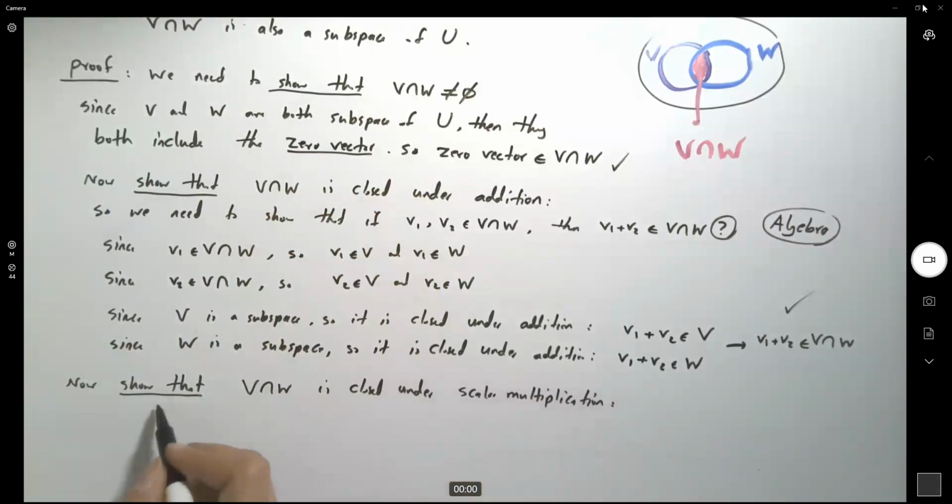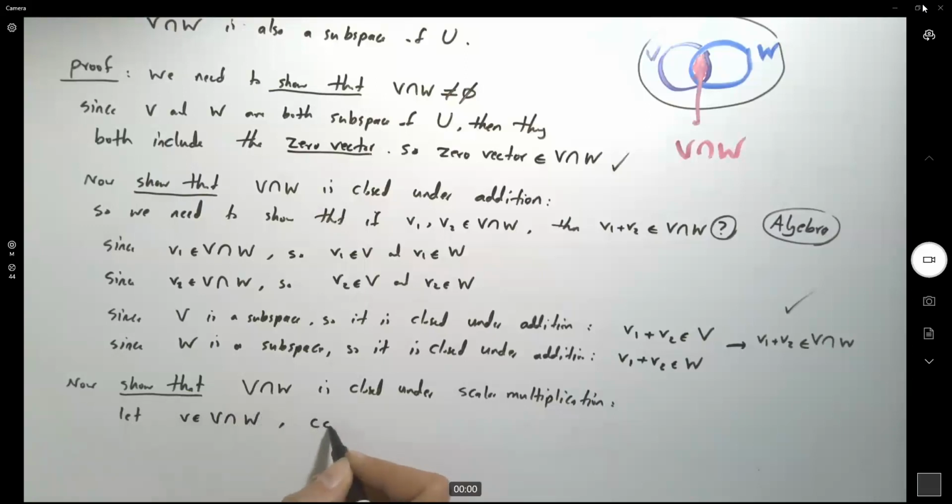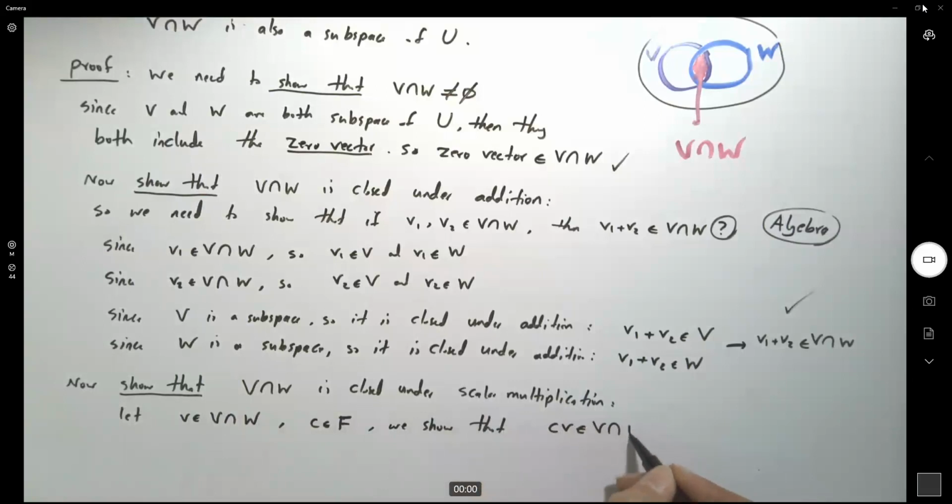So as usual, let, for example, vector V belong to the intersection and C belong to a field. You can take this field to be the real field or any field as well. We show that CV is also in the intersection. Put a question mark.